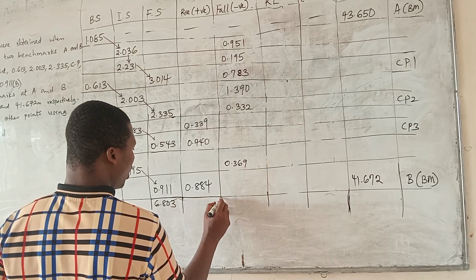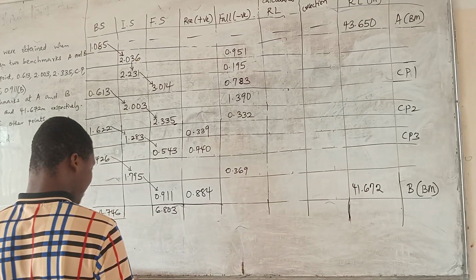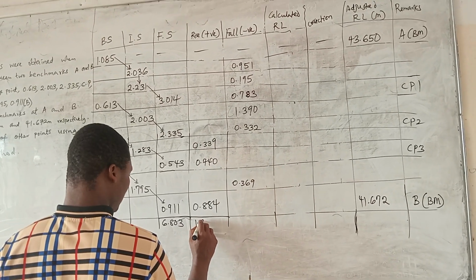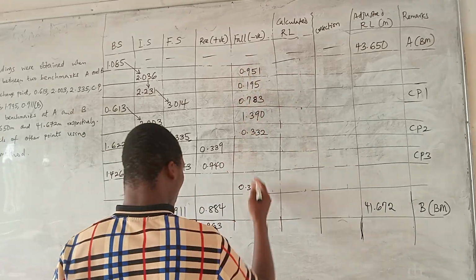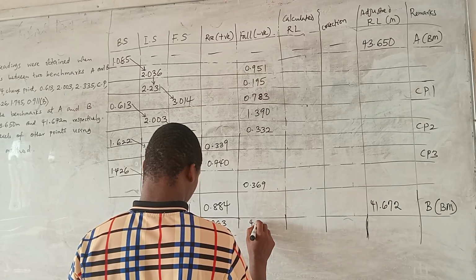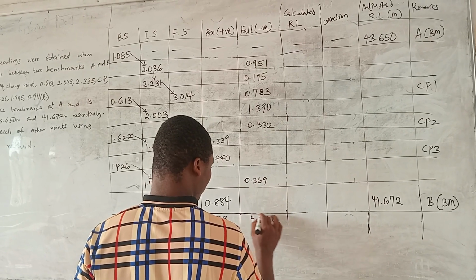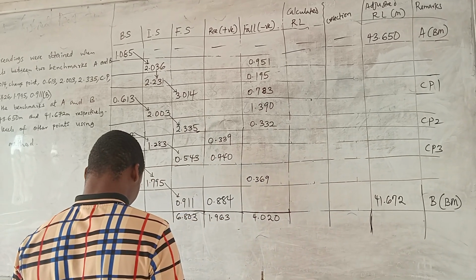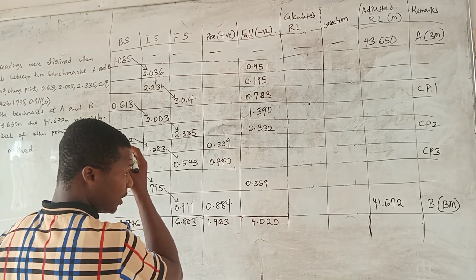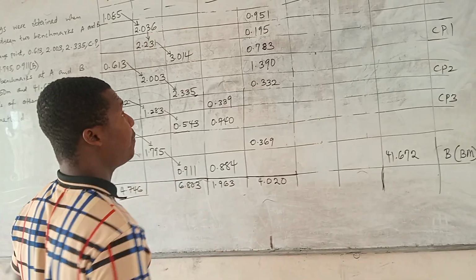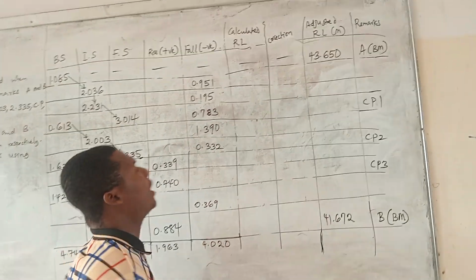If we sum all the rises together, we have 1.963. Then the summation of all the falls, we have 4.020. Now, there's what we call the arithmetic check. Okay, but before then, let's get the calculated reduced level.